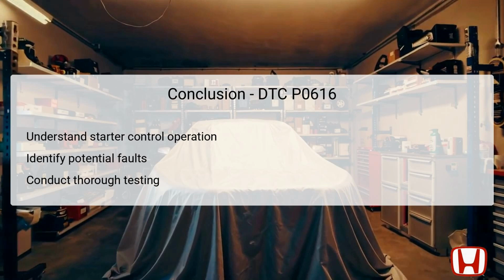Regular preventive maintenance can also significantly lessen the chances of encountering this DTC in the future. By adhering to these guidelines and following logical troubleshooting processes, technicians will achieve successful repairs and maintain the integrity of the starter control system in Honda Accords from 2012 to 2017.